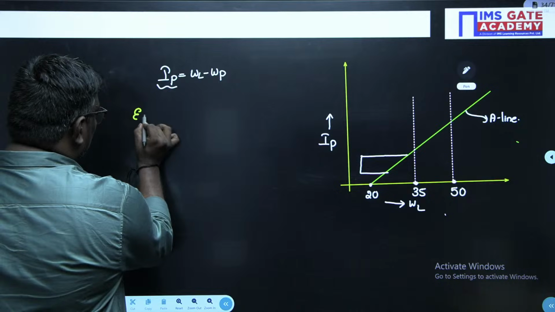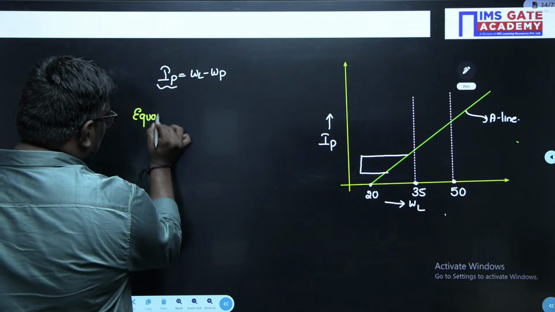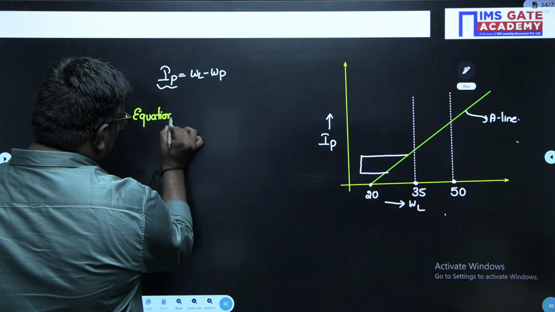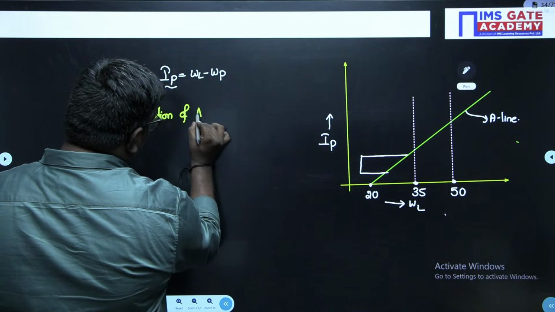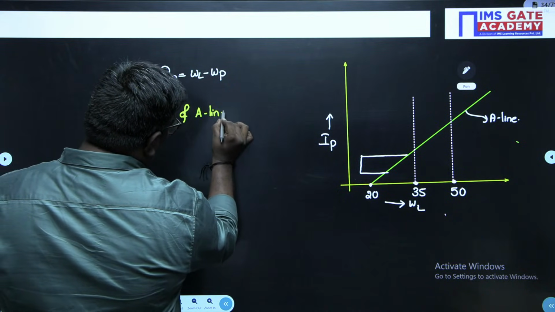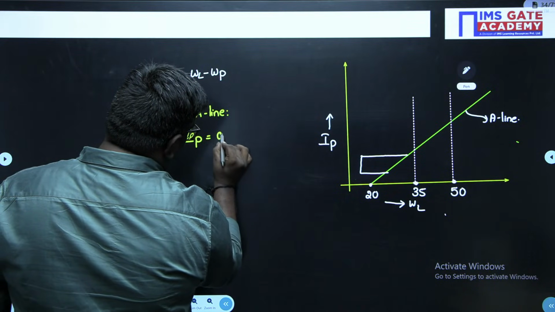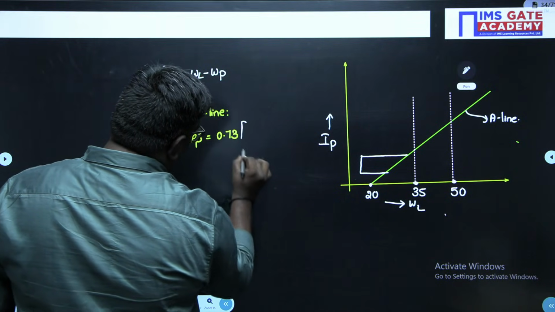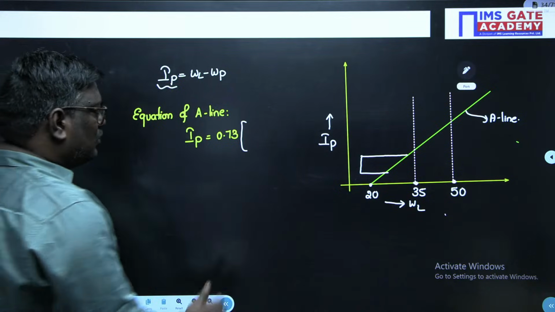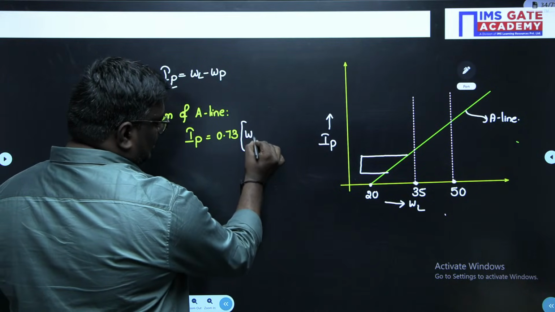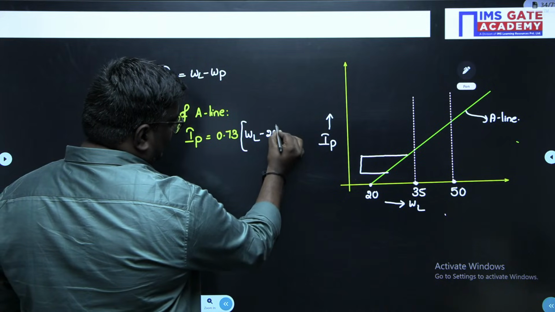If you talk about the equation of the A line, it is given by the formula: IP is equal to 0.73 into (liquid limit minus 20).